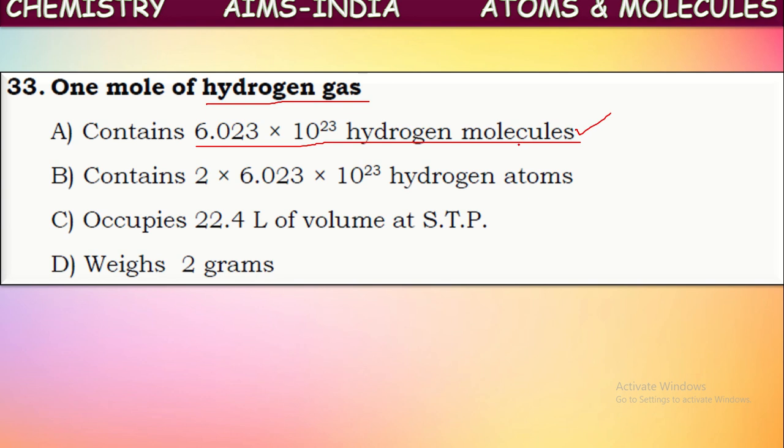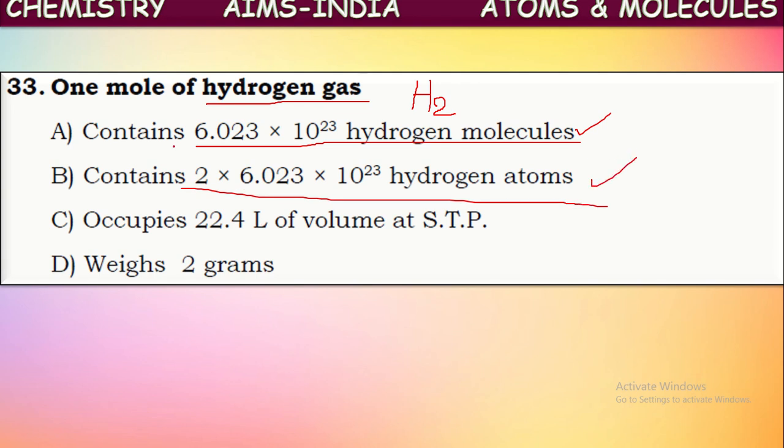So it is correct. We know the molecular formula of hydrogen gas is H2, meaning each molecule has two atoms. So as there are 6.023 into 10 to the power 23 molecules, 2 into this number gives the number of atoms because there are two atoms in each molecule. Now it contains 2 into 6.023 into 10 to the power 23 hydrogen atoms. So this is also correct.